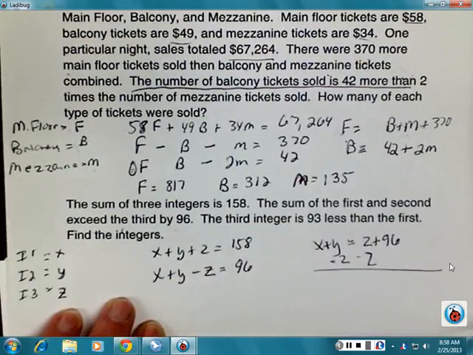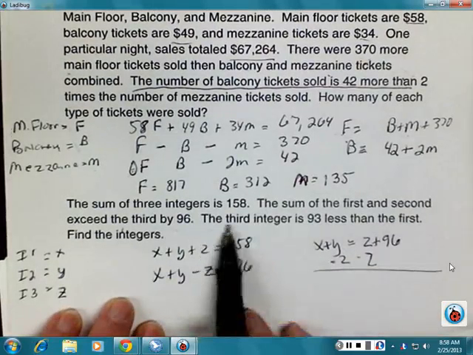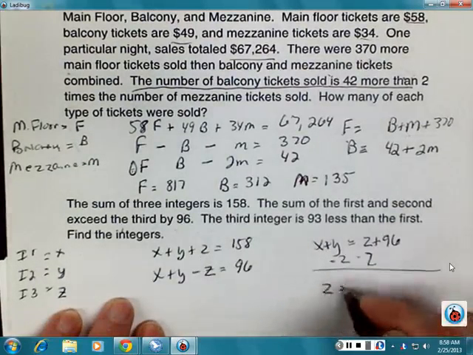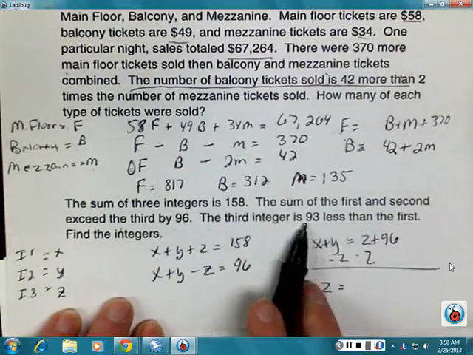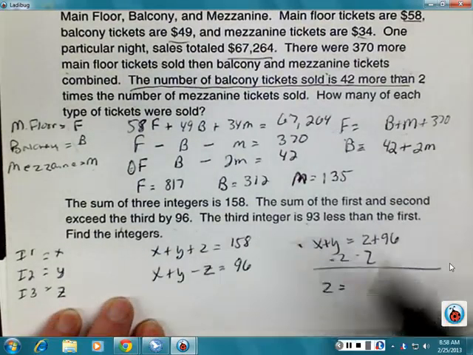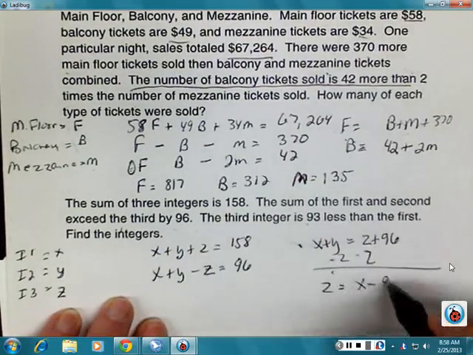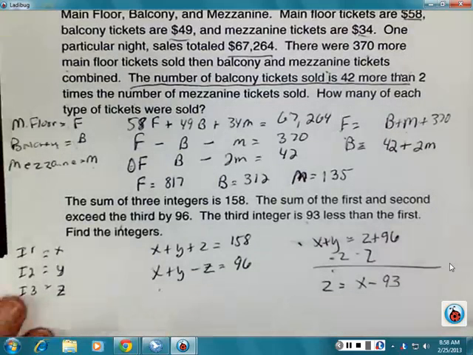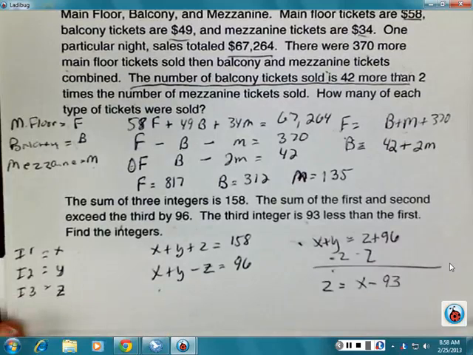And then we need to do this one. The third integer, which is the third integer? Z is, great good old is, 93 less than the first. What in the world does that mean? X minus 93. Okay. So how do I get that? So it can go underneath here so I can put it into my calculator to work with it.